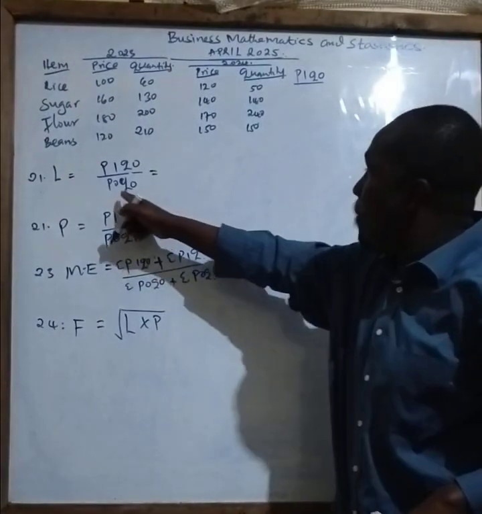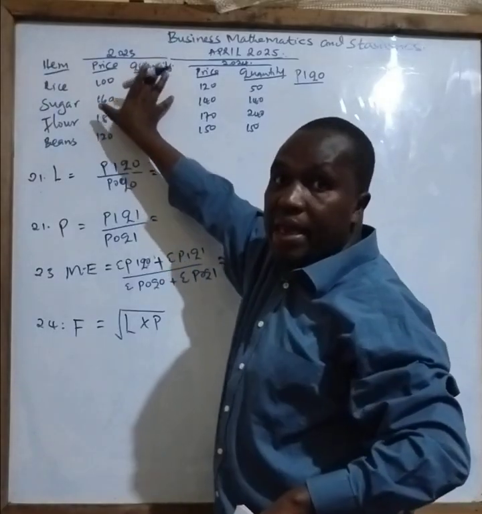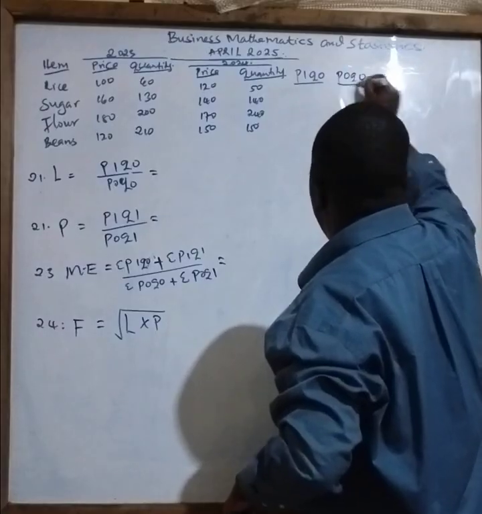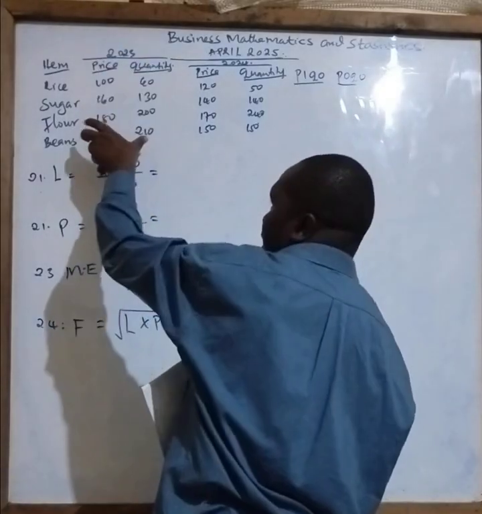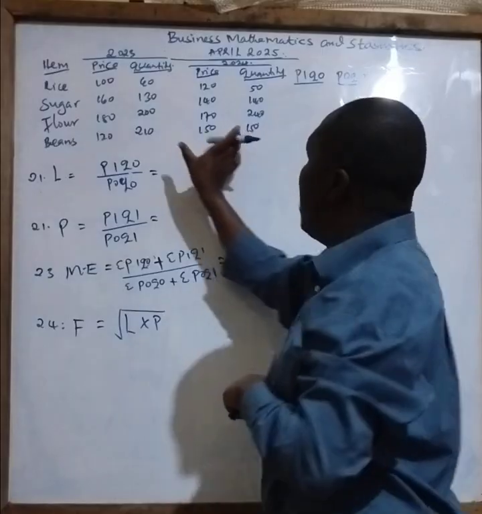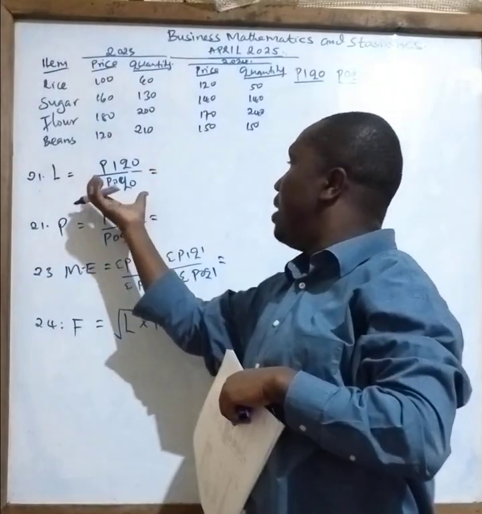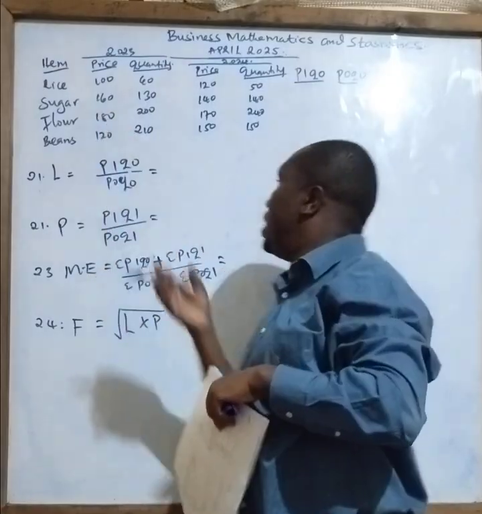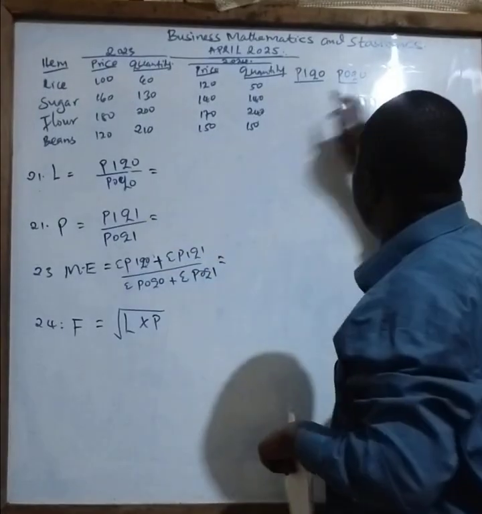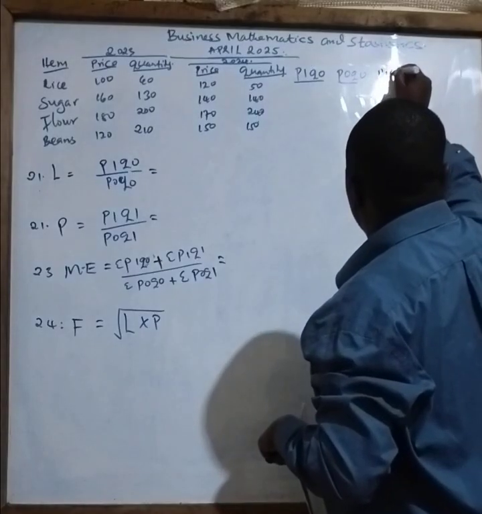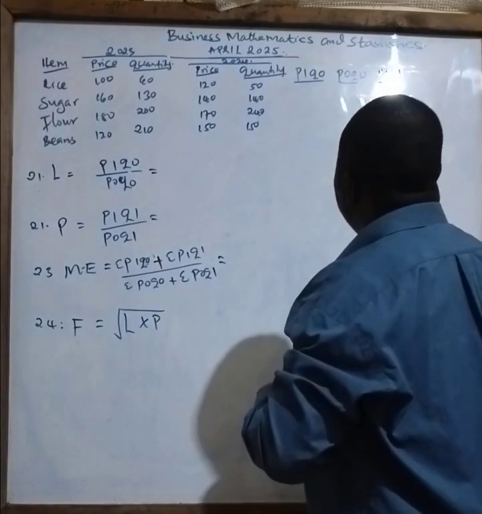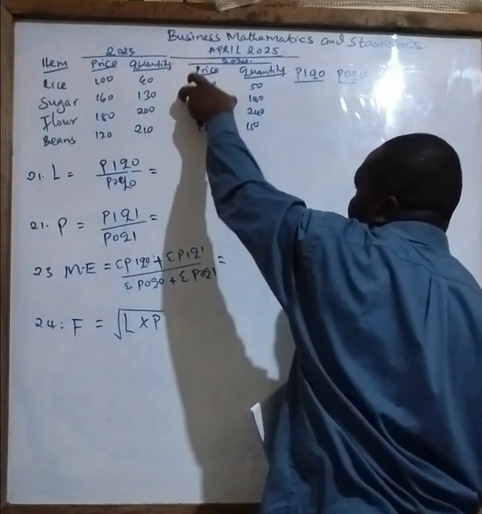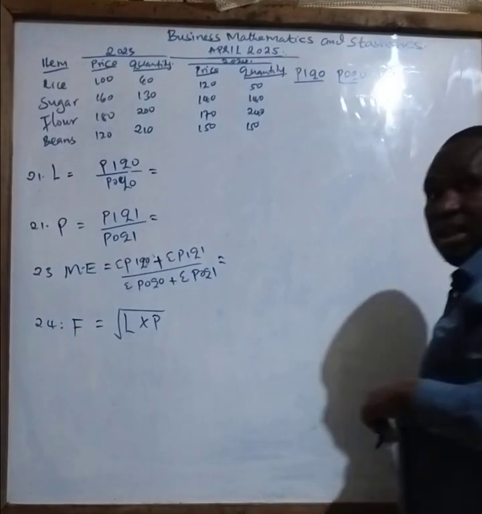Then when I go to P0Q0, it's just only the base year. So I will pick now the base year, P0Q0. Then you will see that I'm taking the middle divided by the first column, the base values here. Then from there, you can see here is saying P1Q1, which means I'm taking the price for the current year and the quantity of the current year.